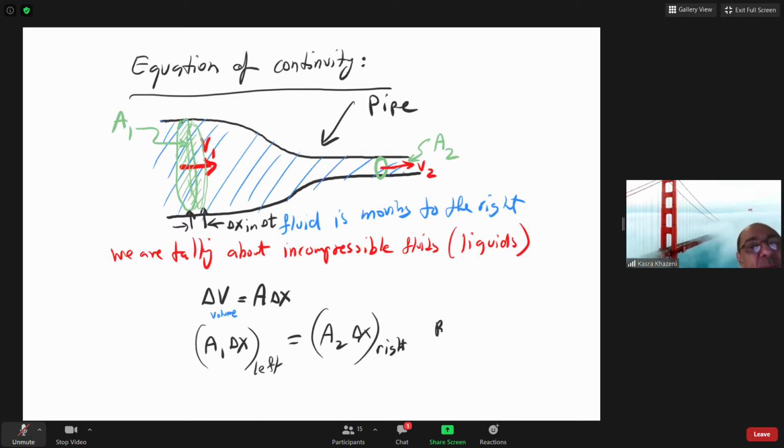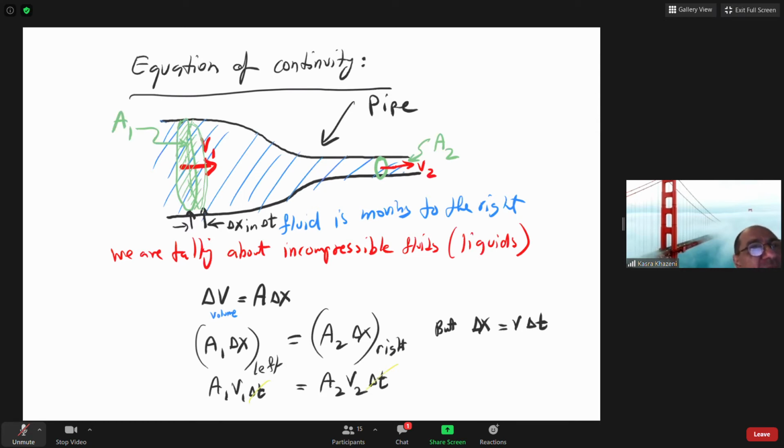But delta x is V delta T. That means on the left-hand side, I have A1 V1 delta T, and on the right-hand side, I have A2 V2 delta T. Now, these are the same delta T's, so I can cancel them out from the two sides of the equation.